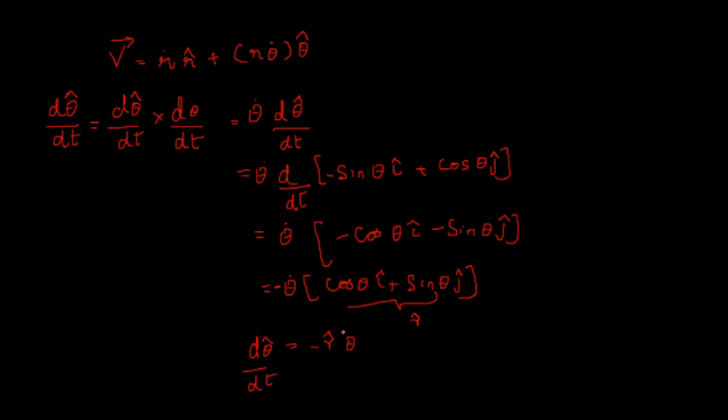Right? So now let us look into the velocity term again. Our velocity is nothing but r theta dot theta cap plus r dot r cap. We will say the r theta dot theta cap term is the transverse component of velocity, that is with respect to theta cap.